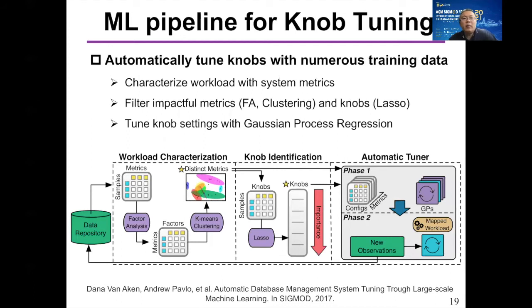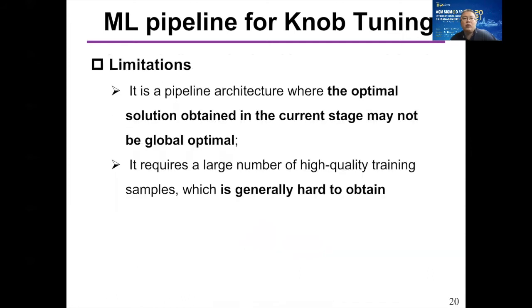The second method is the machine learning pipeline. They first categorize the workloads and identify the most important knobs that may affect the performance, and then tune the knobs based on machine learning techniques, for example, Gaussian process regression. So this is a pipeline-based method, and it also needs to use some training data.